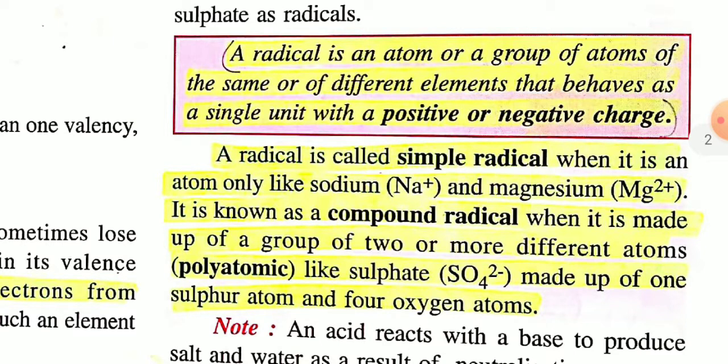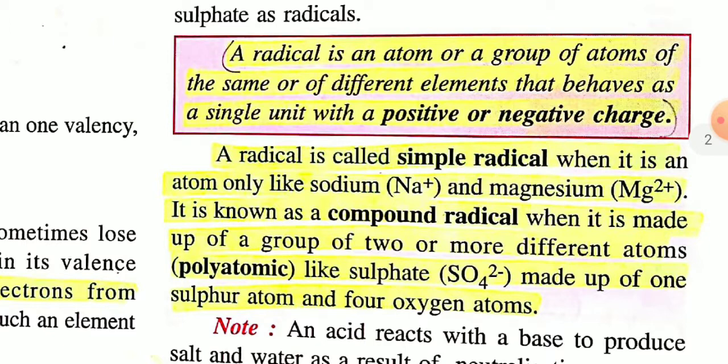A radical is called a simple radical when it is an atom only, like Na+, Mg2+. These ions are also simple radicals. And a radical is called a compound radical when it is made up of a group of two or more different atoms, which is also known as a polyatomic radical.